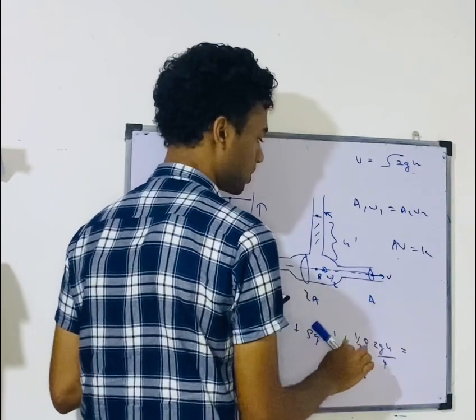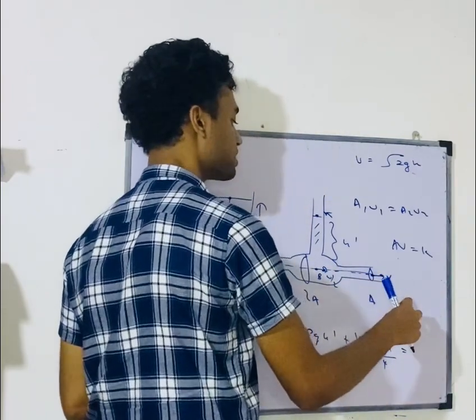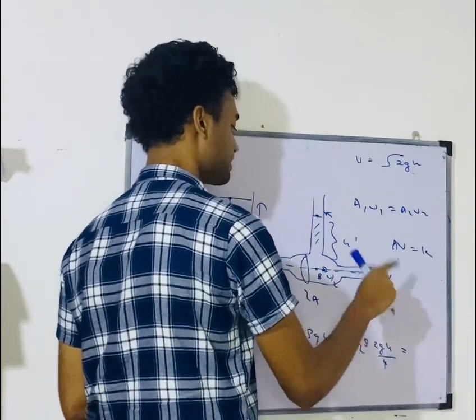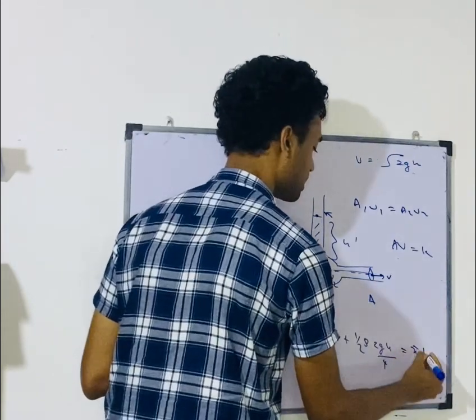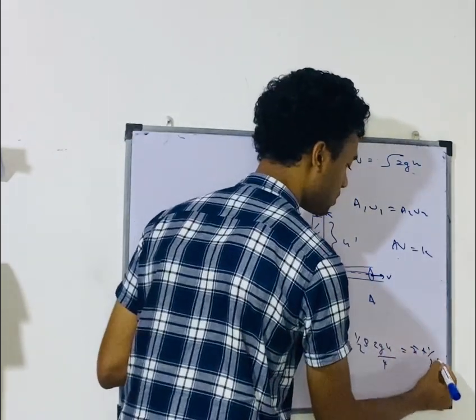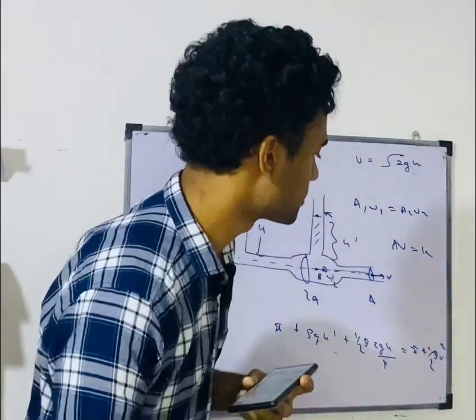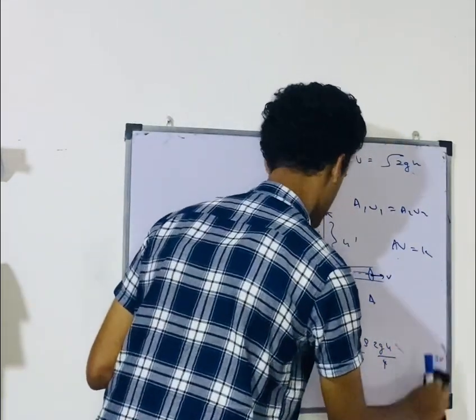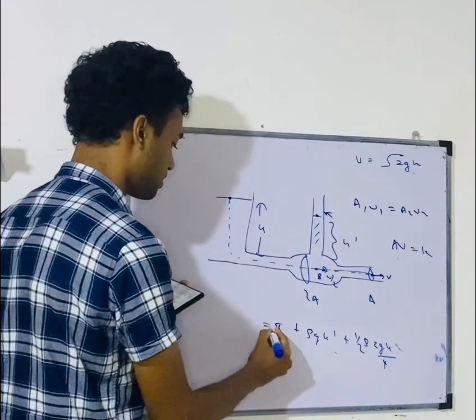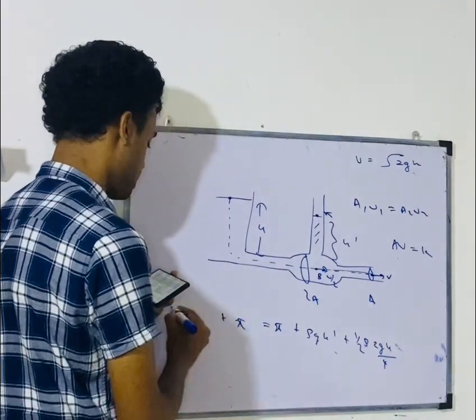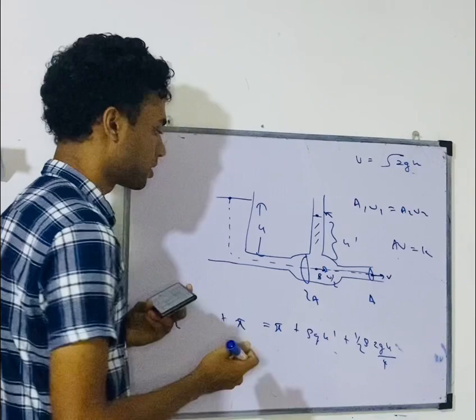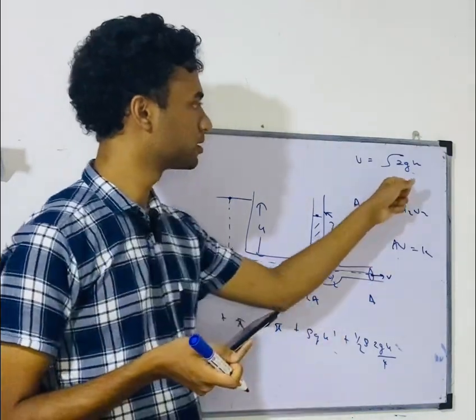This would be equal to the pressure at A plus the kinetic energy per unit volume there. The pressure at A is equal to atmospheric pressure phi, plus half rho v squared. But what is v squared here? 2gh.